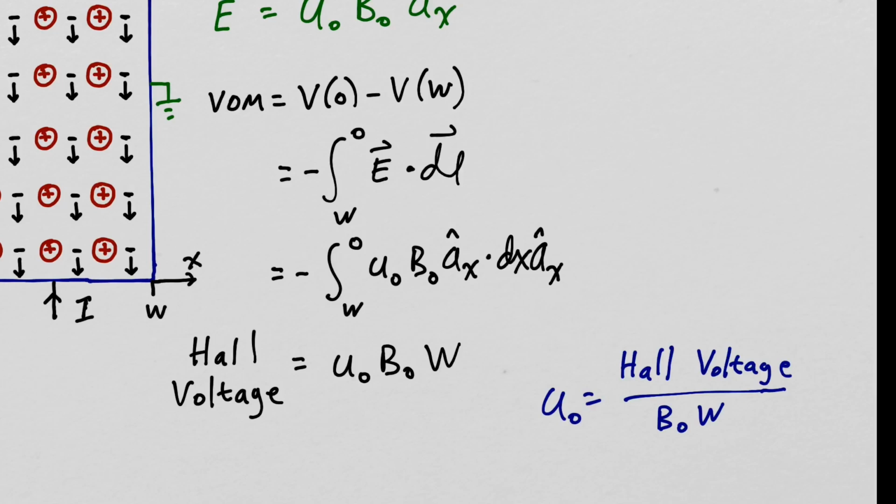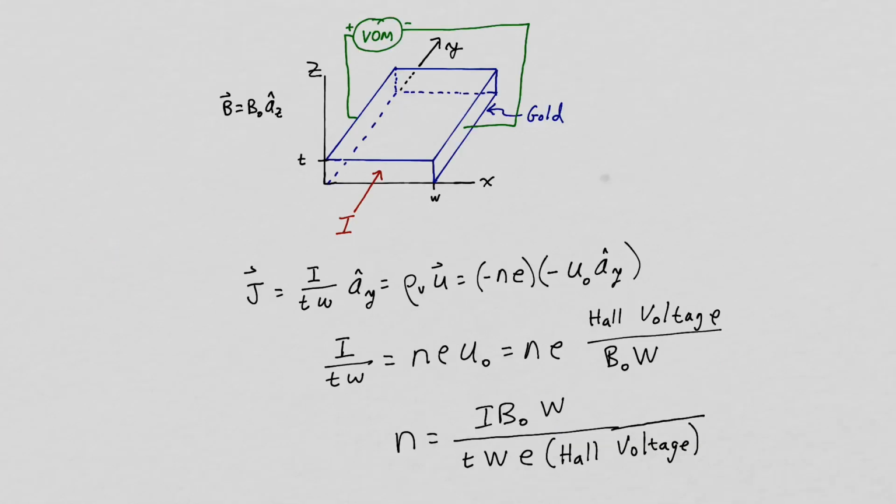We know the current flowing. We can measure that in our piece of gold. So the current density is that current divided by our cross-sectional area, and it's moving in the plus y direction. We also know current density is charge density times the velocity with which that charge is moving. Our charge density is n, the number of conduction electrons per cubic meter, times minus e, the charge on an electron. And we know they're moving in the minus y direction with the velocity u sub 0.